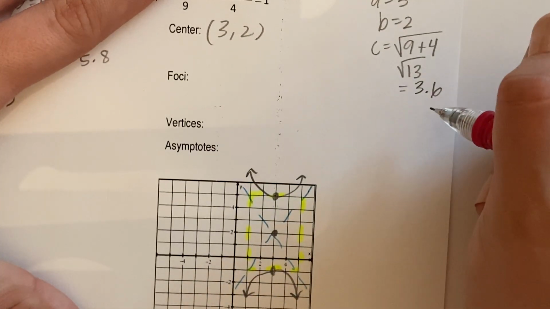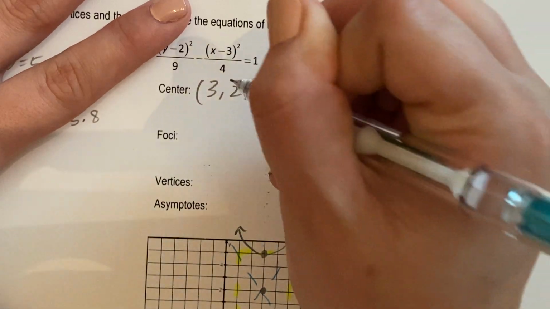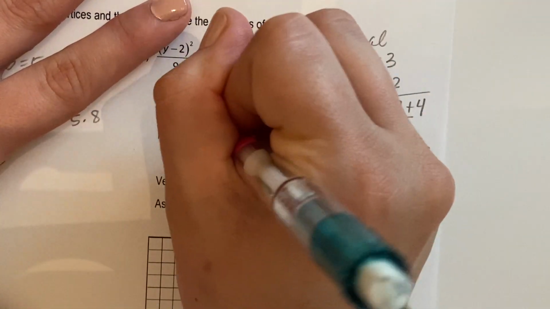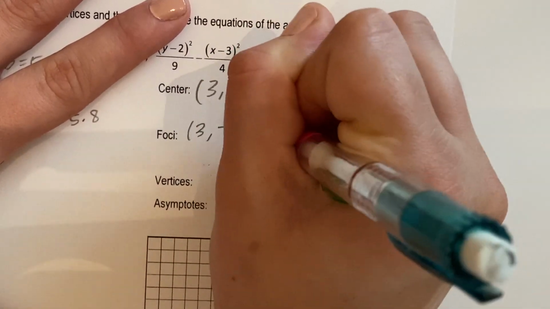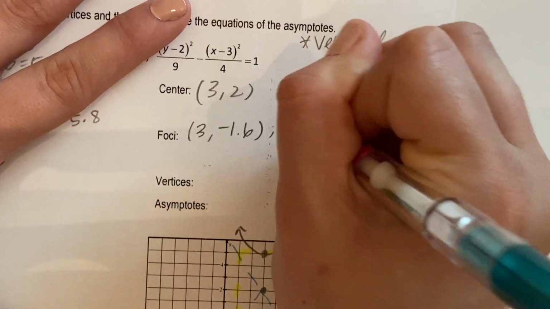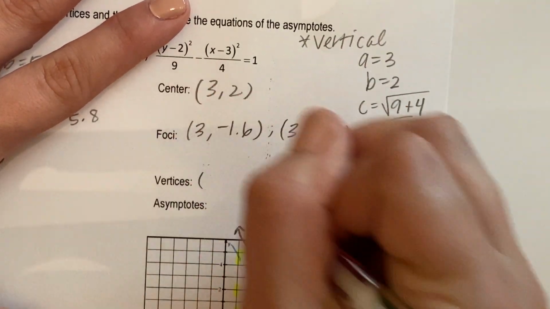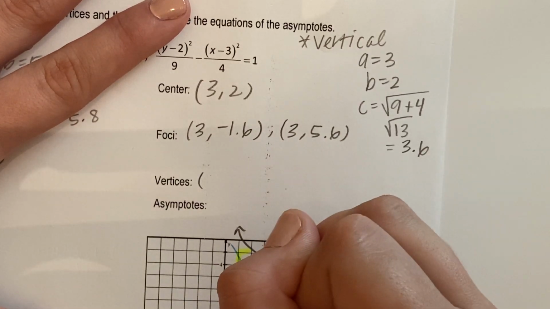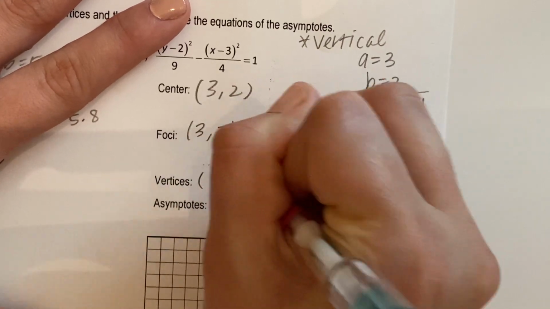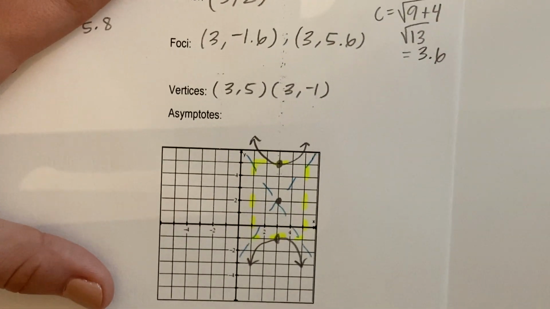Foci, I'm adding and subtracting 3.6 since it's vertical to the y value. So 3 minus 3.6 will be negative 1.6. And if I add it, it's 5.6. My vertices, I'm just looking at my graph where they are. 3, 5. And 3, negative 1.